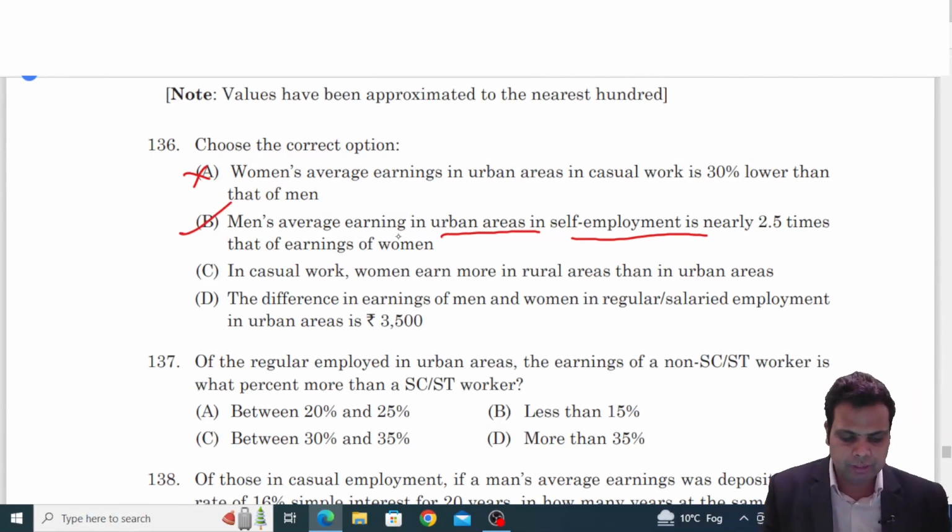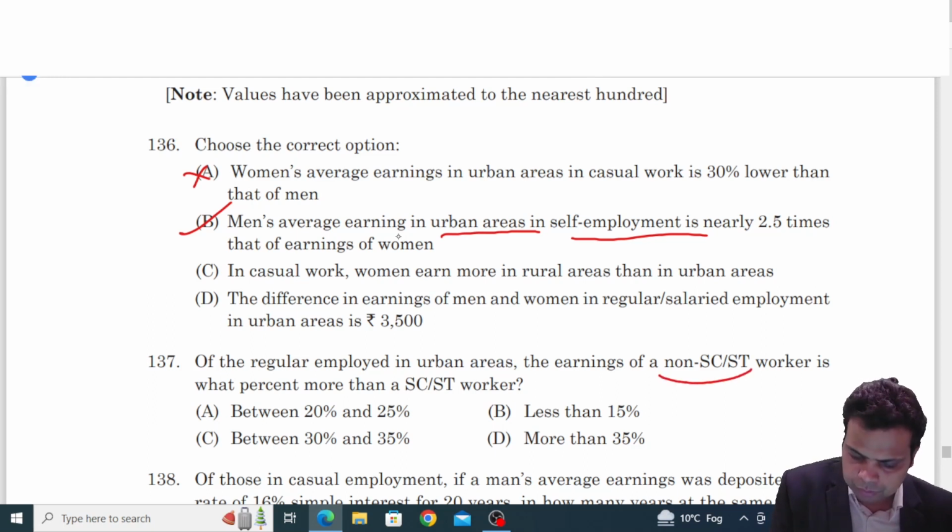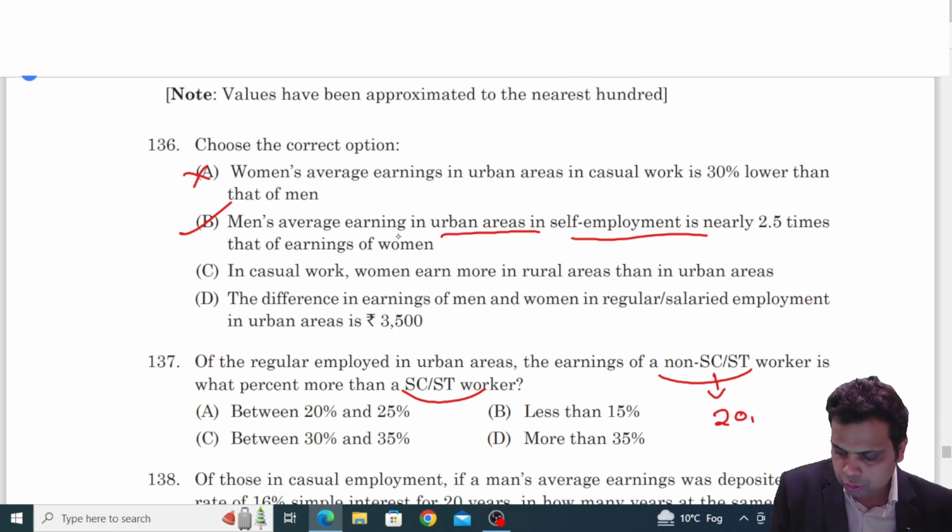Question number 137. Of the regular employment in urban areas, the earning of non-SC/ST worker is what percent more than SC/ST worker? Now you can see the data. The earning of non-SC/ST is 20,300 and the SC/ST is 15,300.